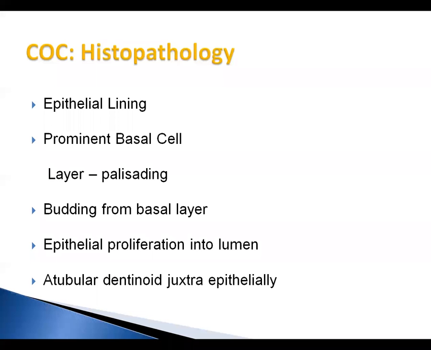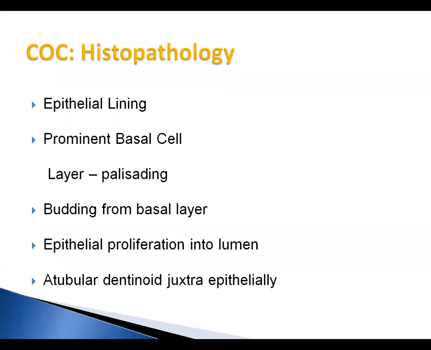Histopathologically, you can see the epithelial lining in which you can see ameloblast-like cells. Remember the word ameloblast-like cells, which are tall columnar cells. Their nuclei are palisaded. It also has stellate reticulum-like cells, which proliferate into the lumen.